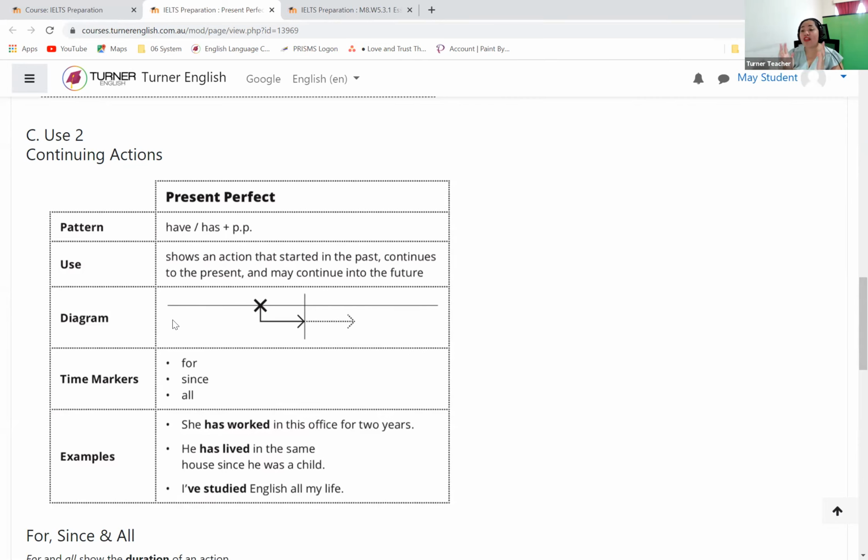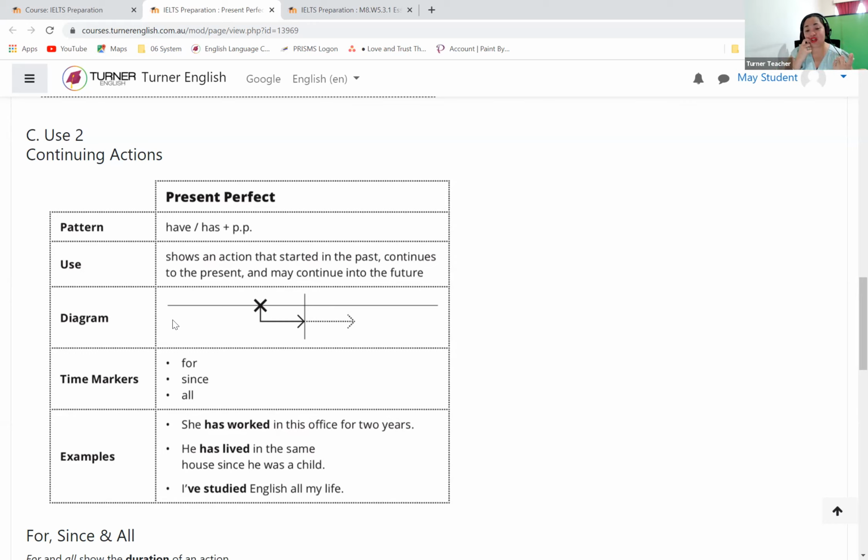For this, we are going to use the time markers for, since, or all. We don't normally use all in our essay, but for and since, we can use them interchangeably in most cases.